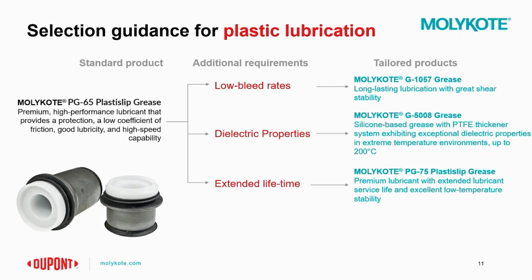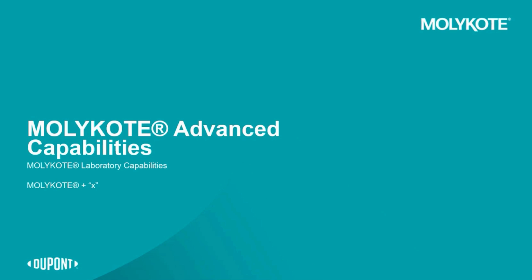That would allow PG75 to be a good fit for applications requiring extended lifetime, as opposed to a G1057 or a PG65. So next we could take a look at MOLYKOTE capabilities in the lab.